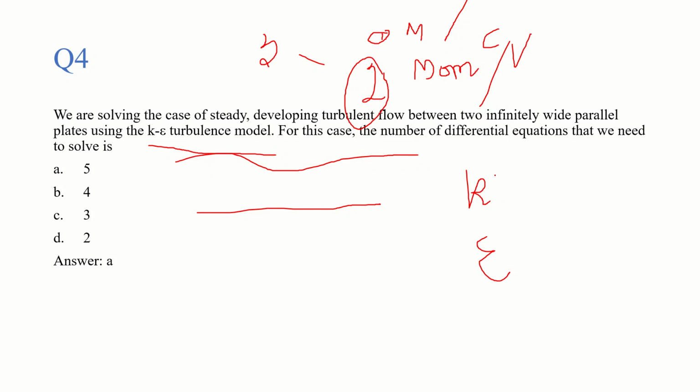So the number of equations that we need to solve is 5: one mass conservation equation, 2 momentum conservation equations, 1 kinetic energy equation and the kinetic energy dissipation rate equation. So 1 for K, 1 for epsilon. Therefore it totals 5. Let us see what the options are.